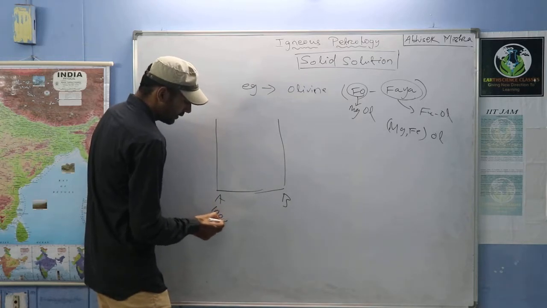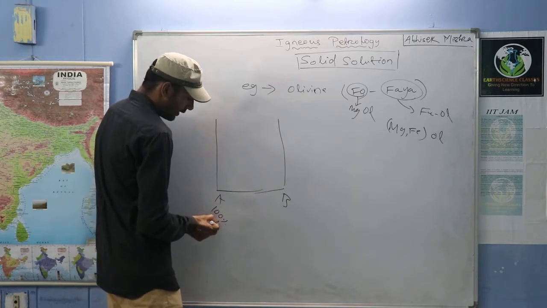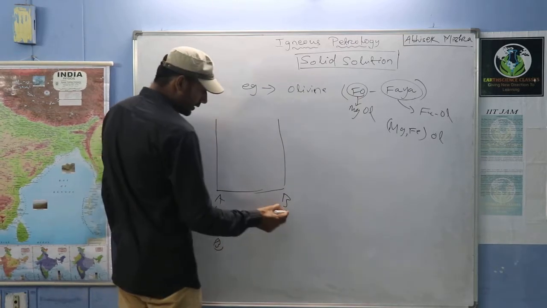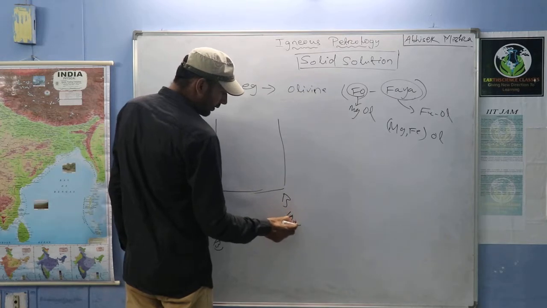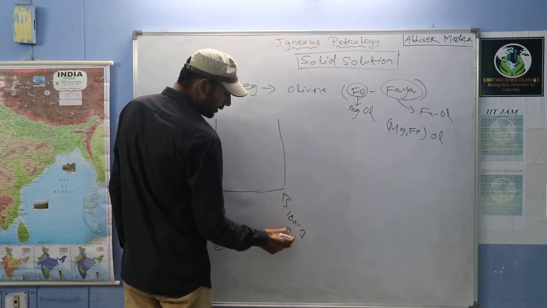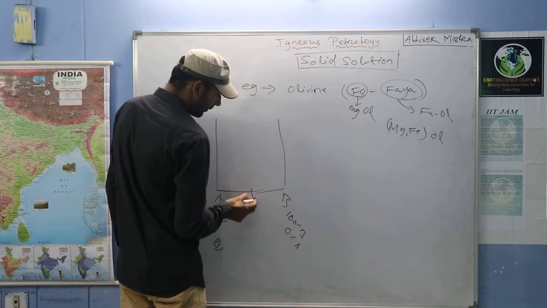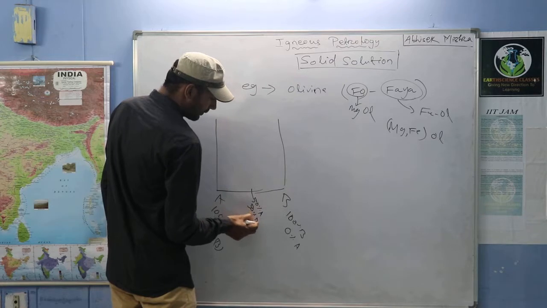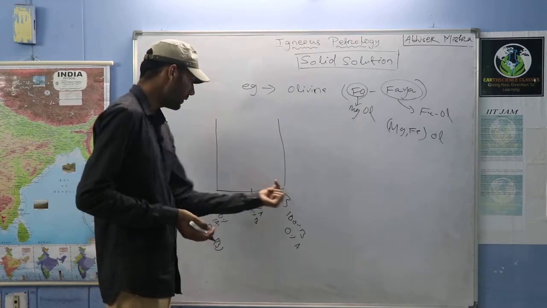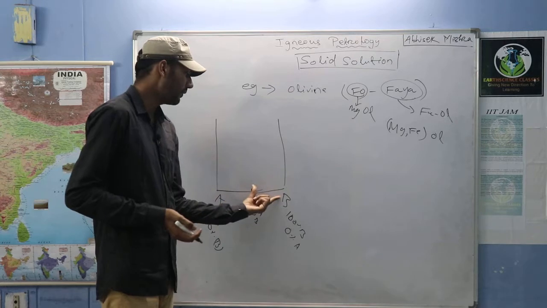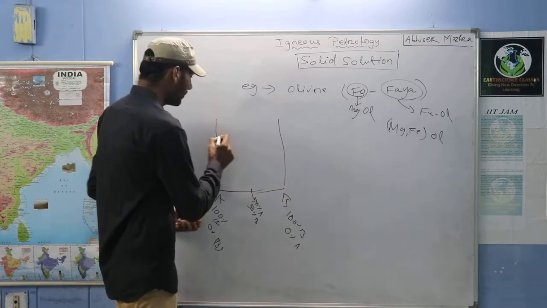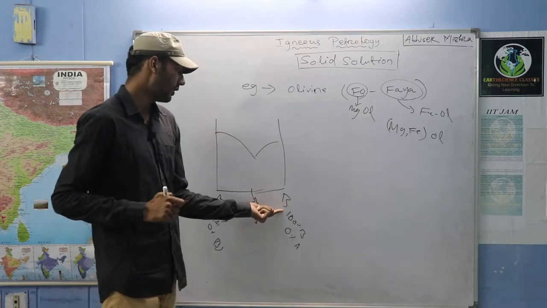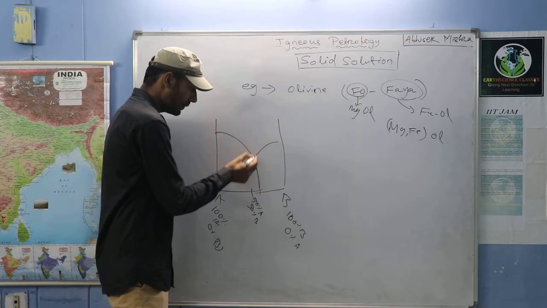Here it is 100% A and 0% B. Here it is 100% B and 0% A, and here 50% A, 50% B. In between these two we are not getting any minerals. In a eutectic system we get either A or B or a combination of them.